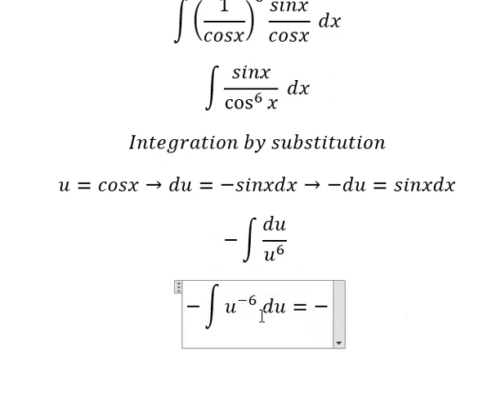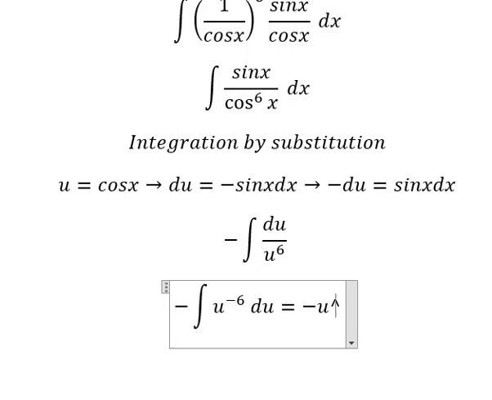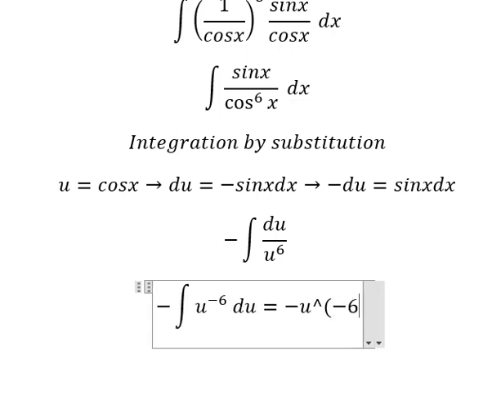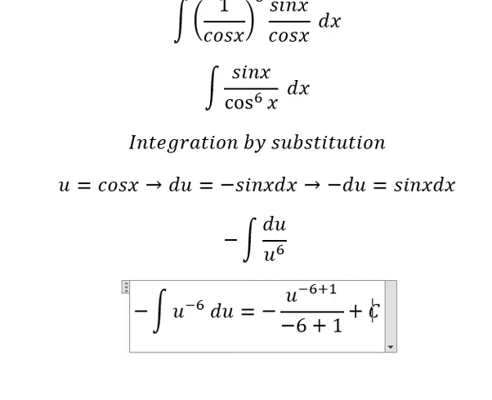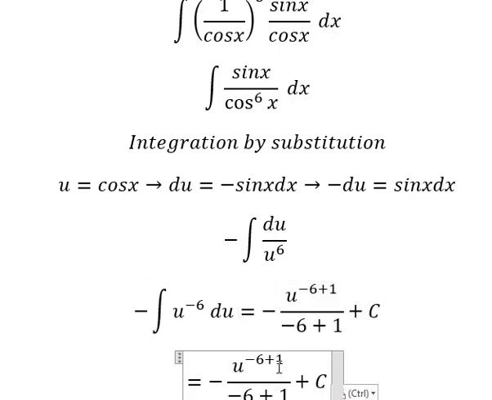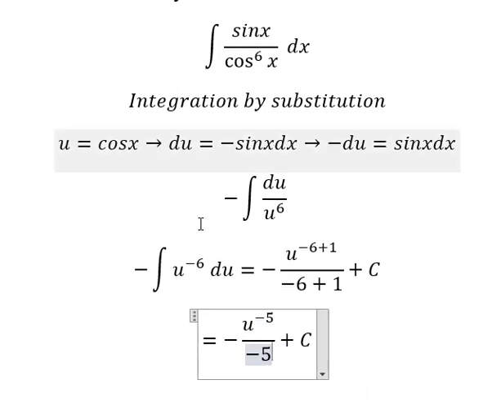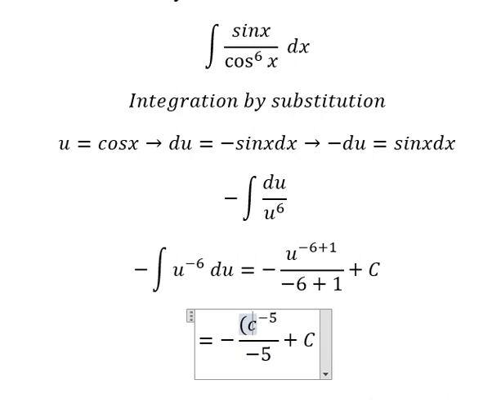So the integration of this one we have like this. So this one we have negative number 5, about u, that is about cosine x.